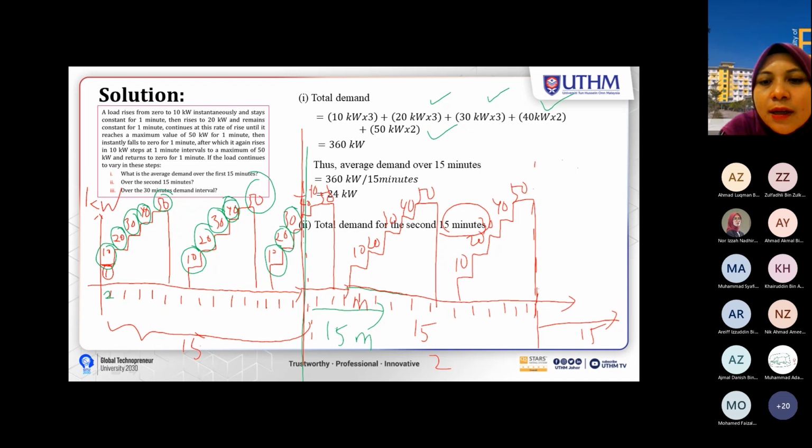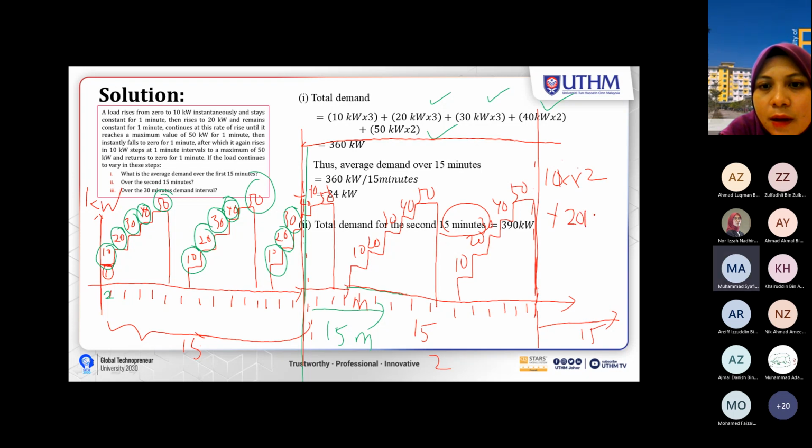So kira 10 ada berapa? 10 ada 2. Kiralah balik, 10 kilo kali 2. Campur 20 ada berapa? 2 juga. Campur 30 ada berapa?